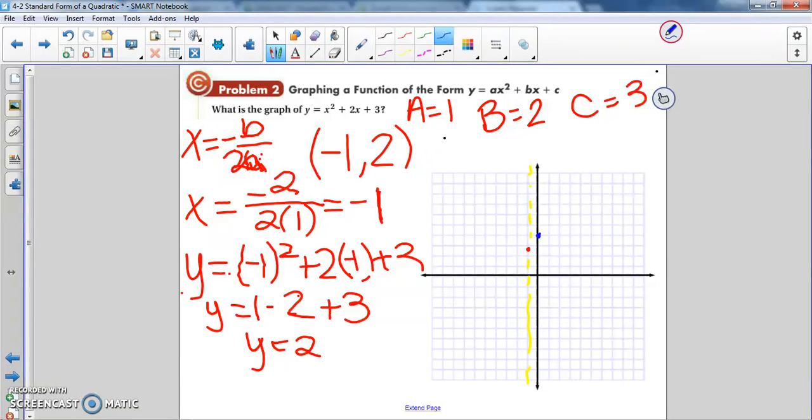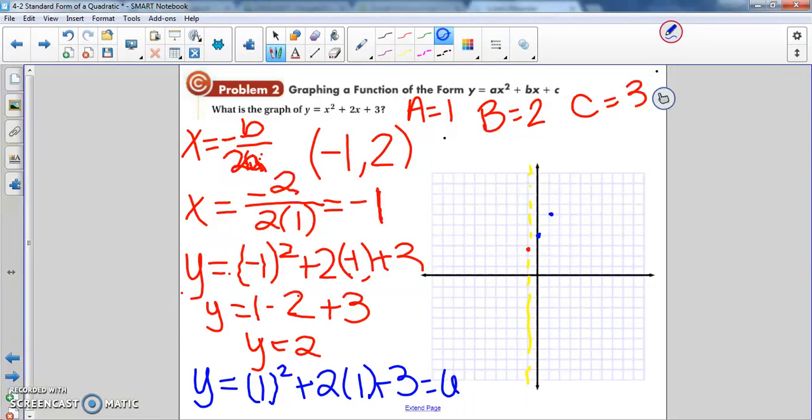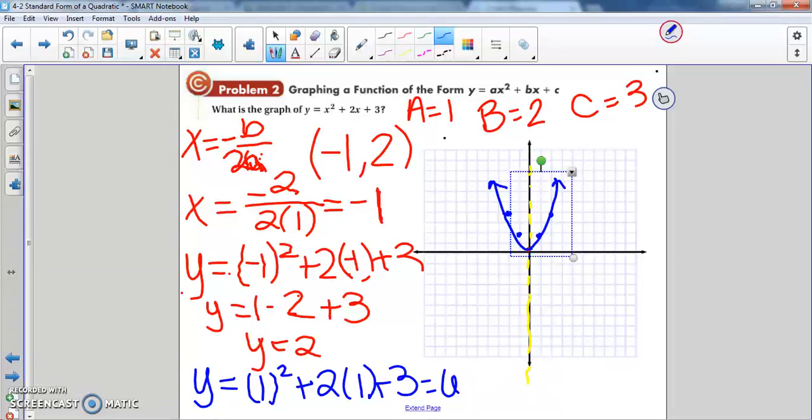Then I'm going to plug in 1, so y = 1² + 2(1) + 3. 1 plus 2 is 3, plus 3 is 6. So (1, 6). And I'm going to reflect, and connect with a parabola.